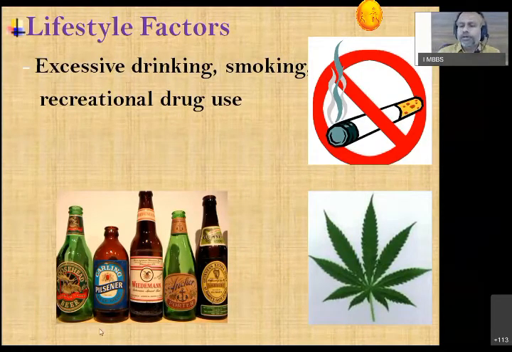Addictions: smoking, the hazardous and mutagenic substances present in smoke, and alcohol decrease the quality and quantity of the semen. And another, this is the marijuana drug.